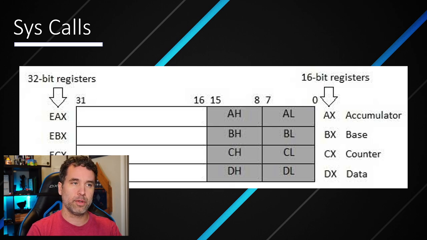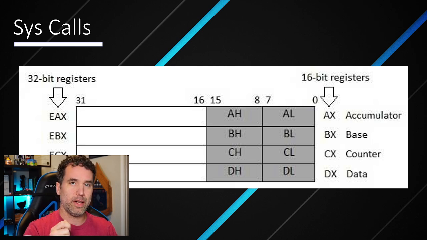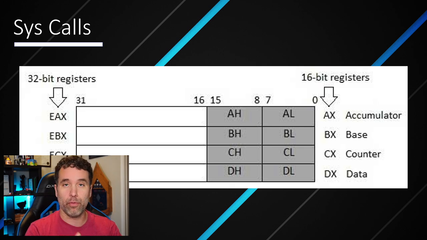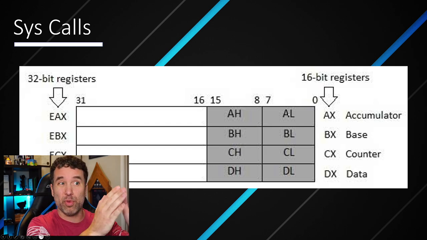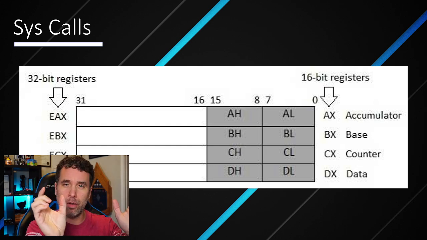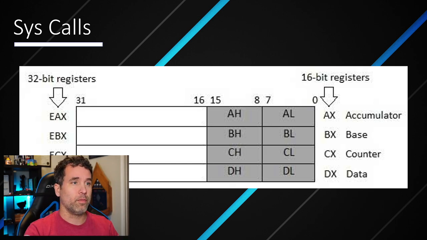So the way that works is, instead of writing in that we want, let's say, 4 for system write or 1 for system exit, instead of just putting a 1 or 4 there and then filling up the rest of the EAX register with garbage or zeros, we're going to tell the processor that we just want to use this little bit here in the AL. We don't care about the rest. The rest can be garbage as far as we're concerned. We're only going to look at that little bit, and that's what we're going to be passing in. So we only need to worry about changing AL and BL inside of these 32-bit registers.